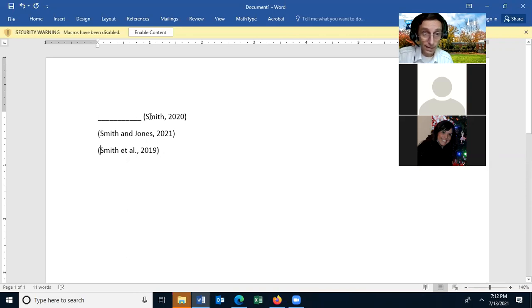And for every in-text citation that's in the body of your text, at the end of the paper, you then have your references, and that could also be called citations. And here you give the full citation. For the Smith, it would be Smith, let's go John Paul, JP. And then you state the article.